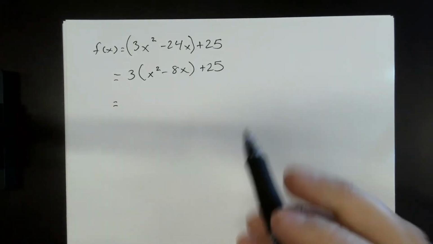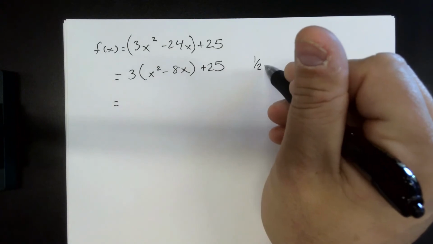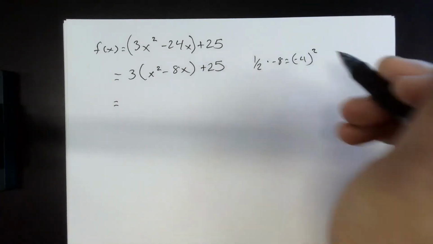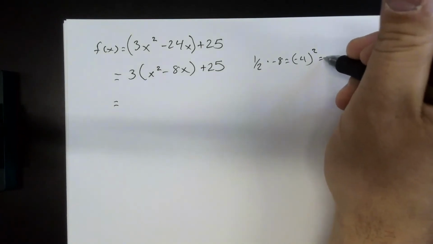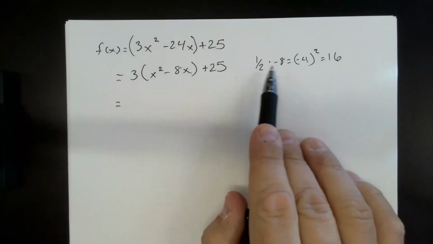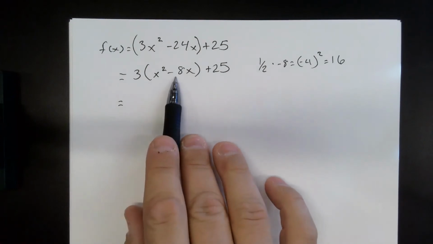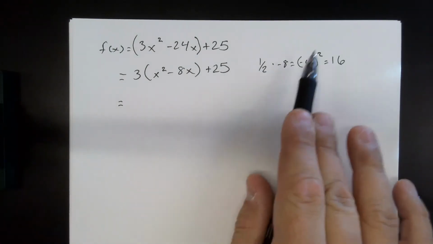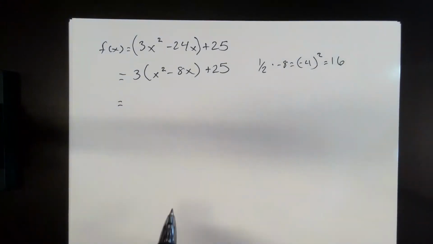Okay, at this point we're going to take 1/2 of b and we're going to square it to make 16. So 1/2 of b is negative 8. 1/2 of negative 8 is negative 4, squared is 16.